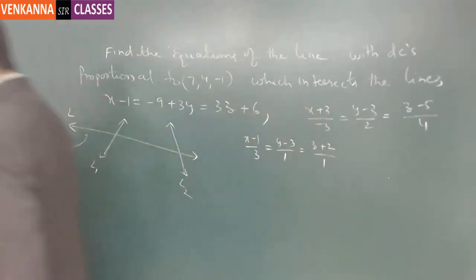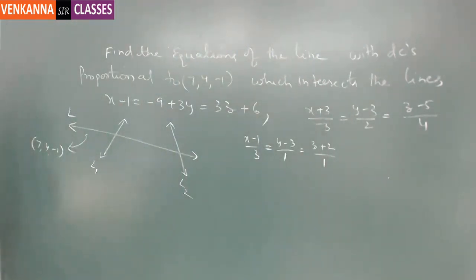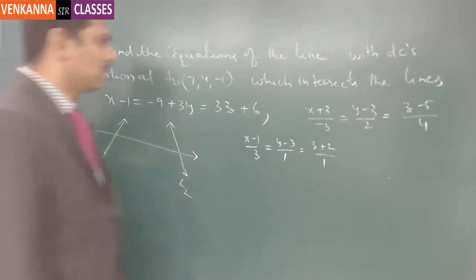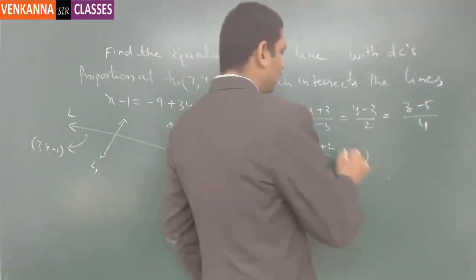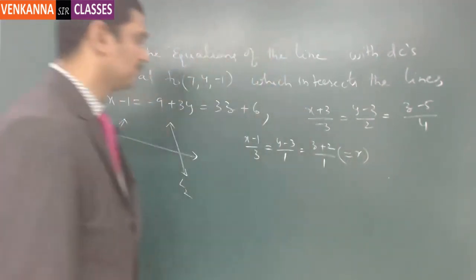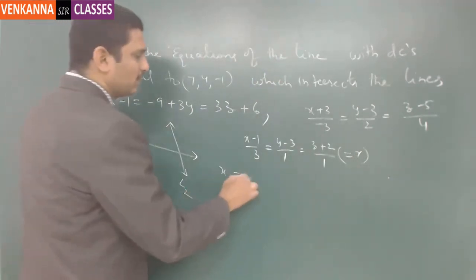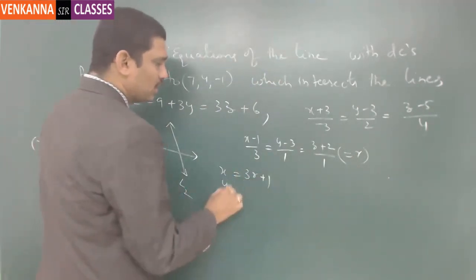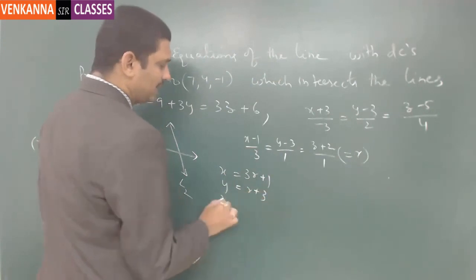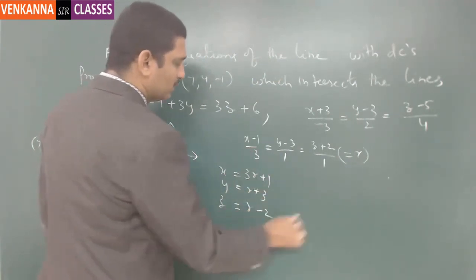Accepted? The first line will be written like that, and the second line will be as it is. So if you take the parametric form here, r, you have x is equal to 3r plus 1, y is equal to r plus 3, z is equal to r minus 2.